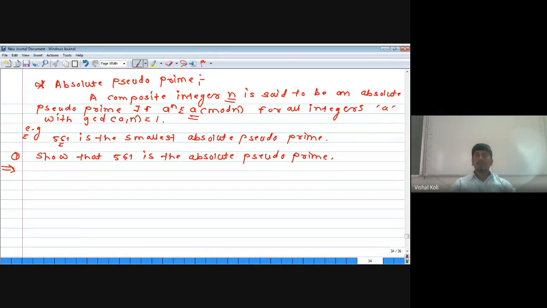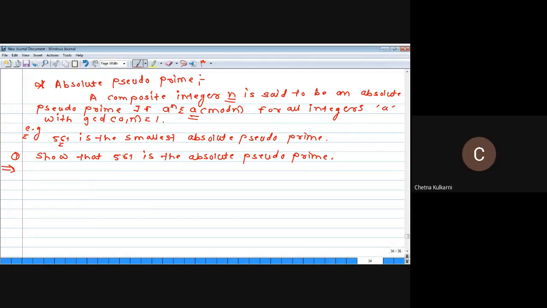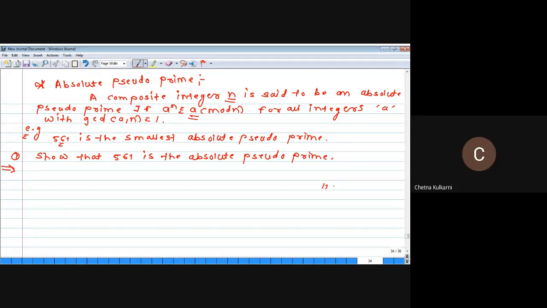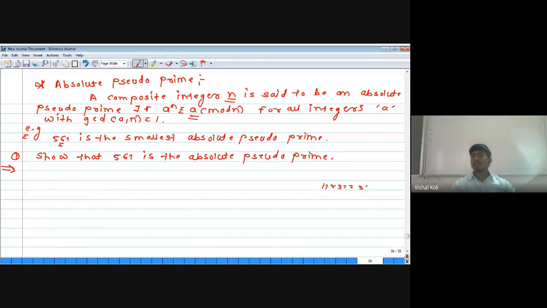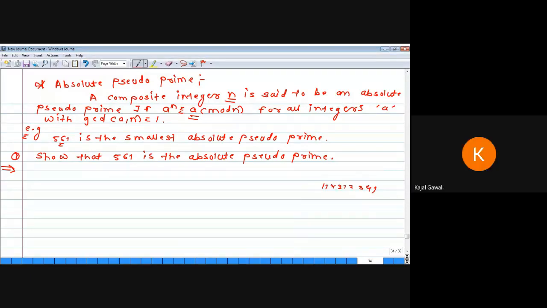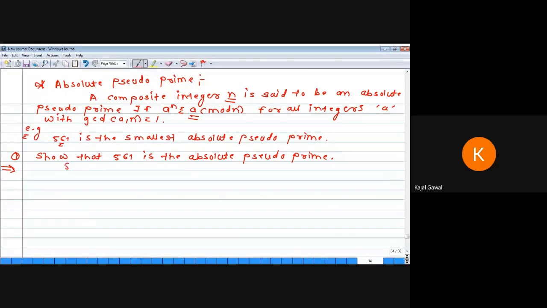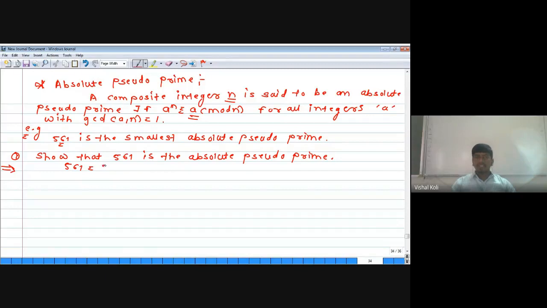Now, what are the prime factors of 561? 11 and 51. 11 into 31 is equal to 341, isn't it? How can a prime be a factor? 11 into 17. 3 into 187. Is 187 a prime number or is it divisible by some number? 3 into 11 into 17. 561 can be expressed as 3 into 11 into 17. That is, this one is the prime factorization of 561.